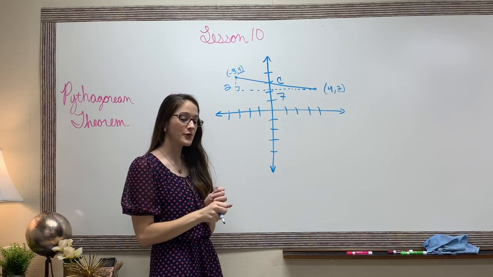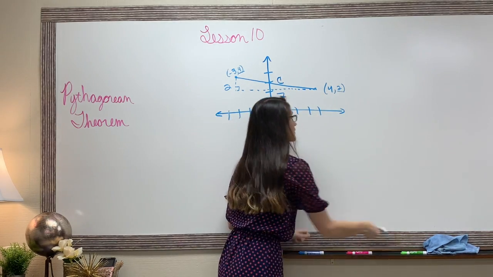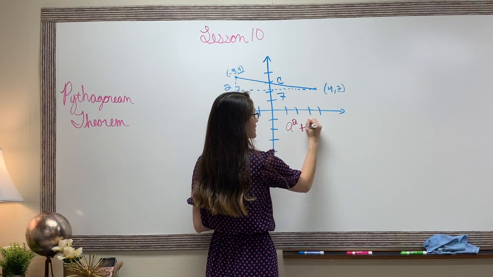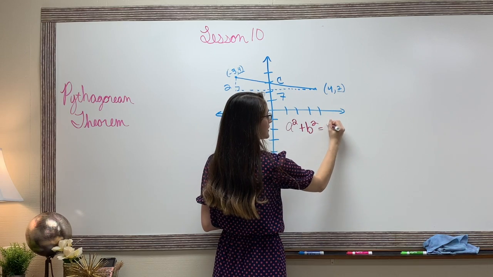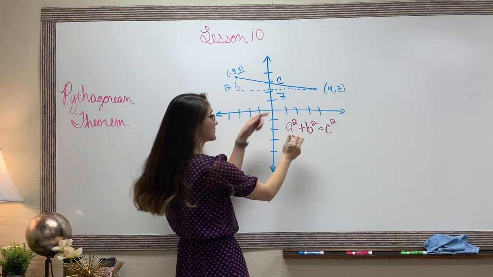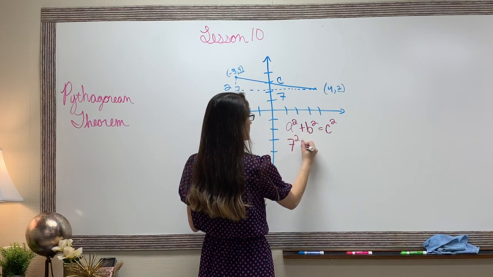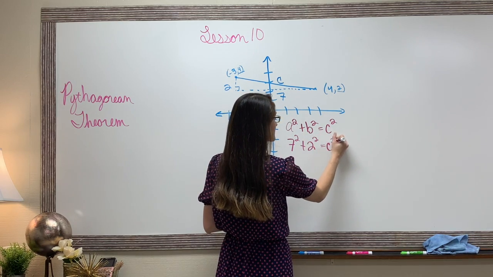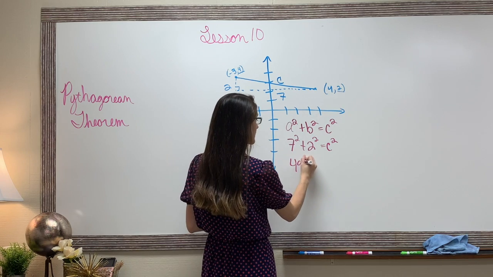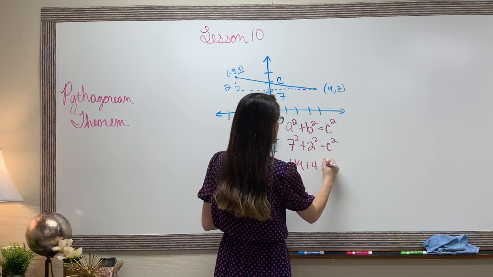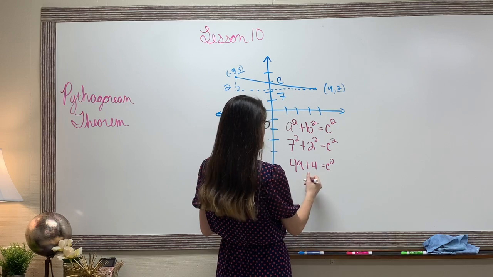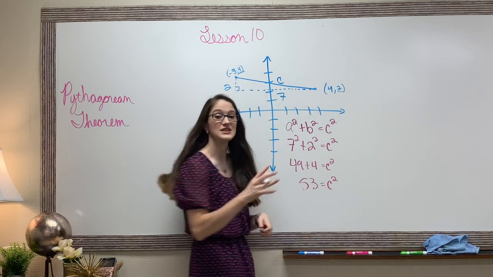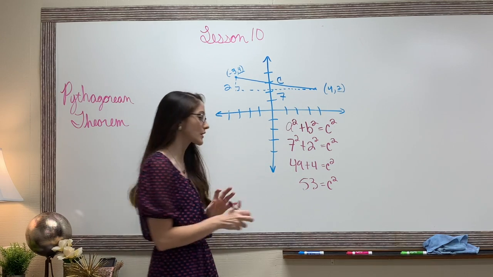So working with our formula, A squared plus B squared equals C squared. I'm going to replace A with 7 plus, and instead of B, 2 equals C squared. So we have 49 plus 4 equals C squared. 49 plus 4 is going to be 53 equals C squared, but C is still not by itself, so I need to square root both sides.